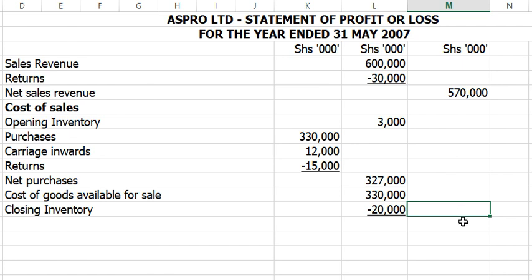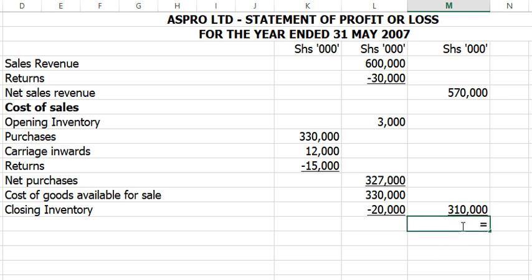So we can come up with our cost of sales figure finally, which is 310,000.